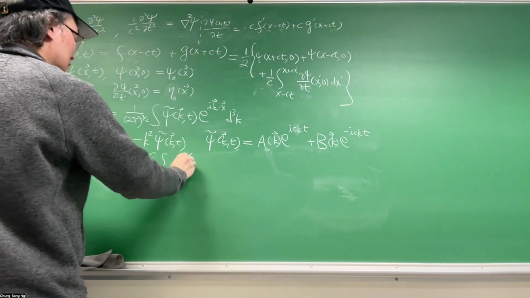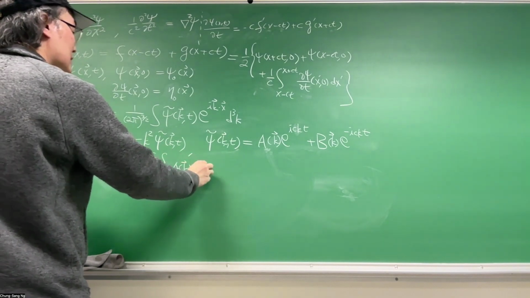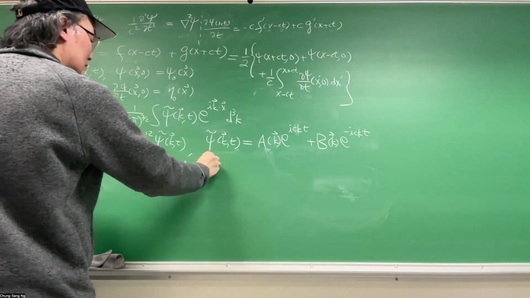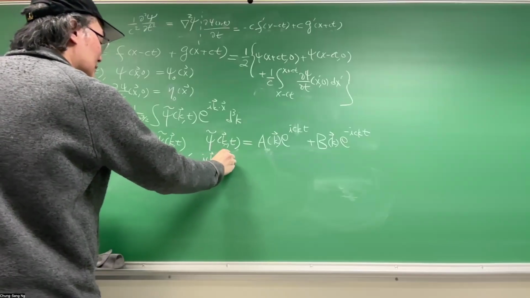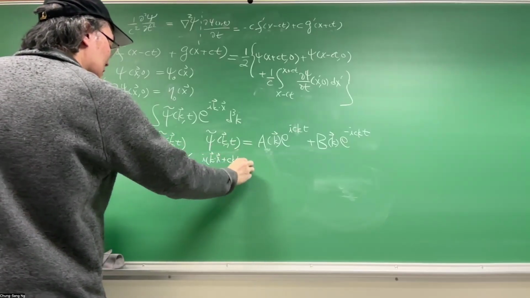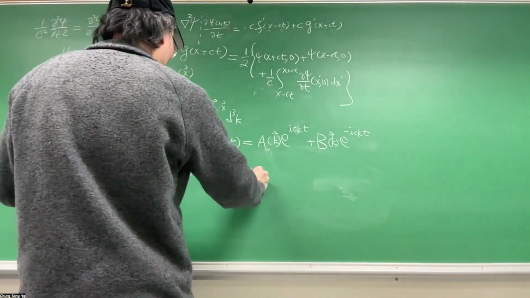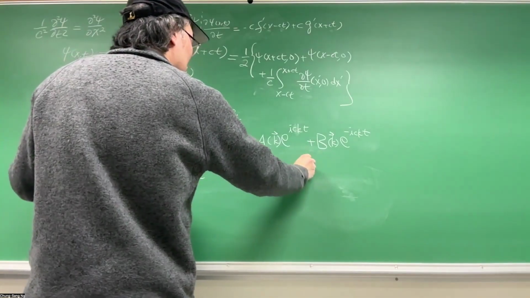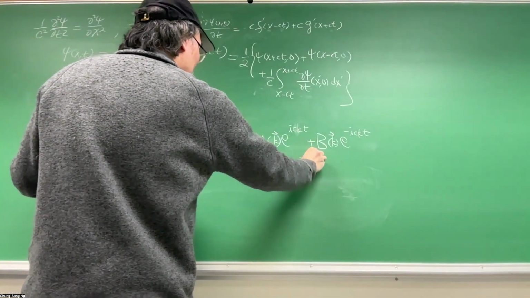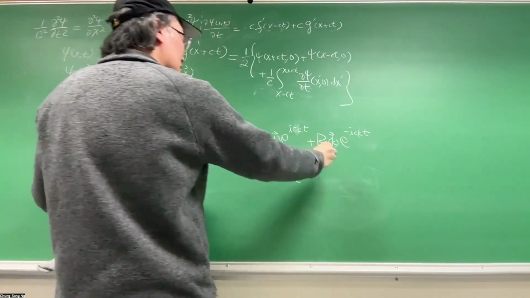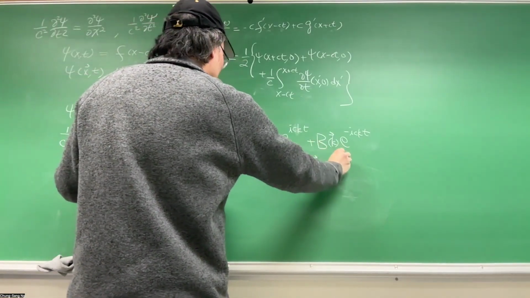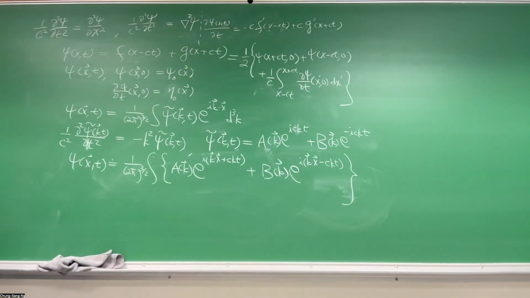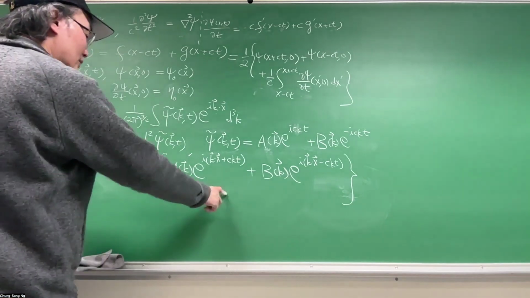One is a of k e to the i k dot x plus c k t. The other is b of k e to the i k dot x minus c k t. That's the general form of the solution.